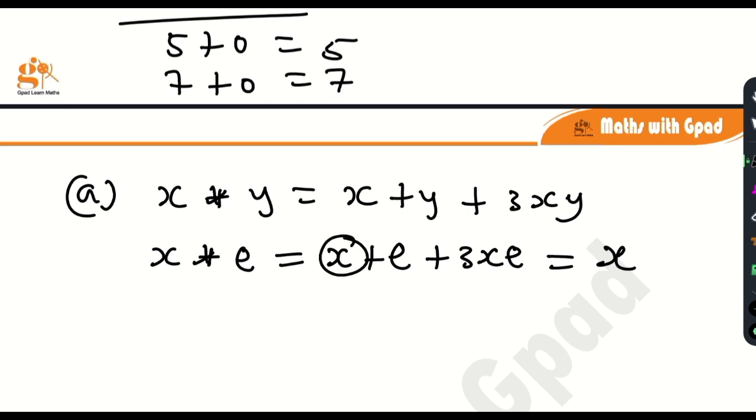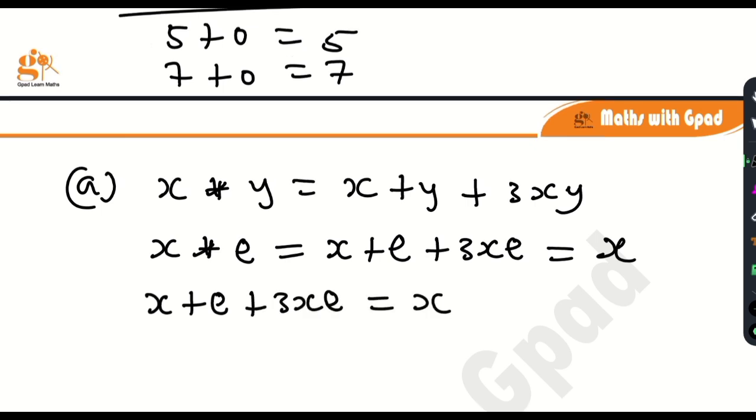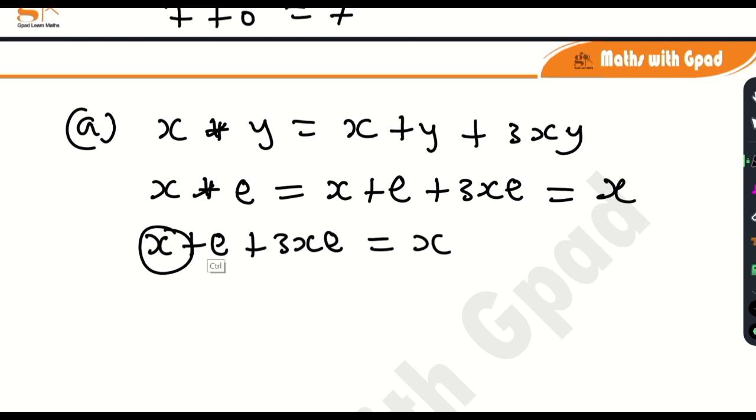I'm going to move this x to the right hand side. So let me just write this as x plus E plus 3xE is equal to x. Now let's transpose x to the right hand side. I'm going to have E plus 3xE is equal to x minus x. And of course, x minus x is 0.